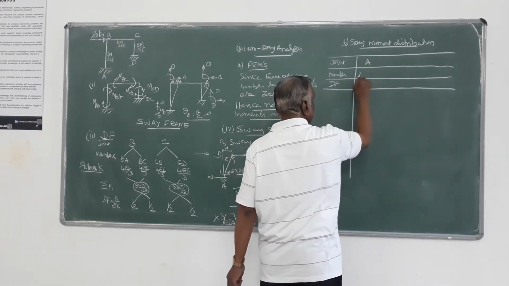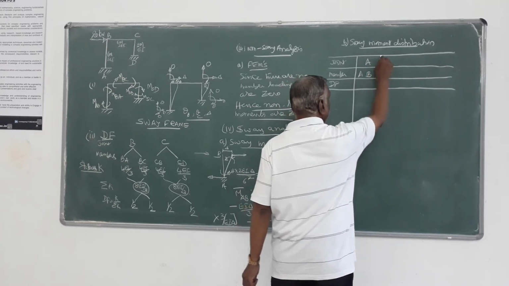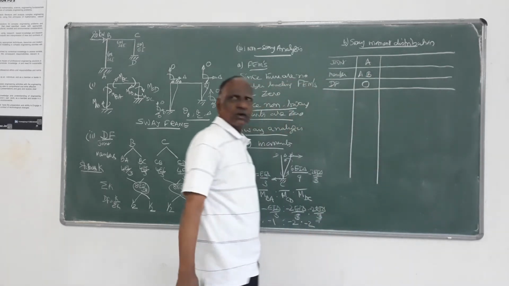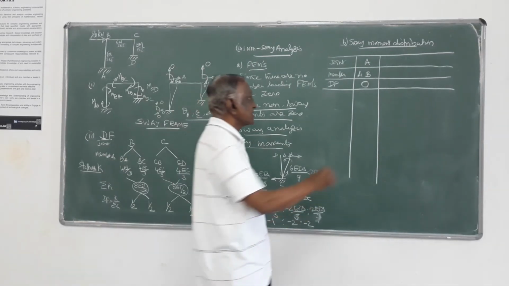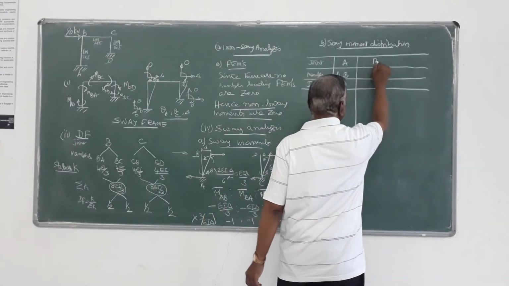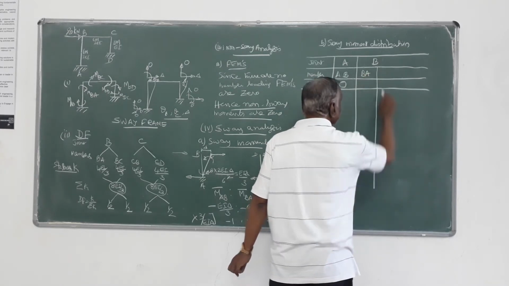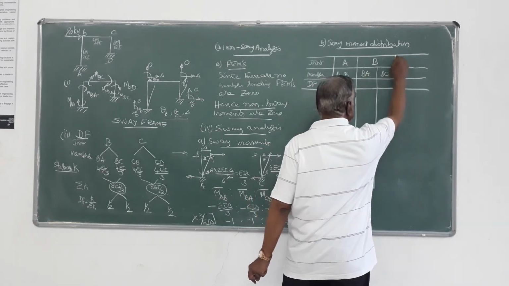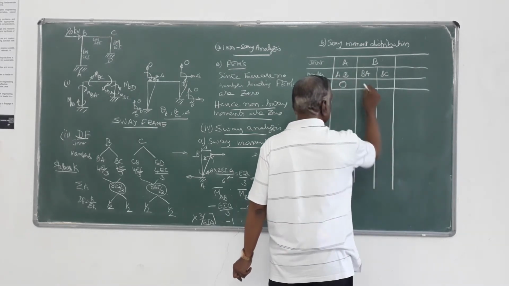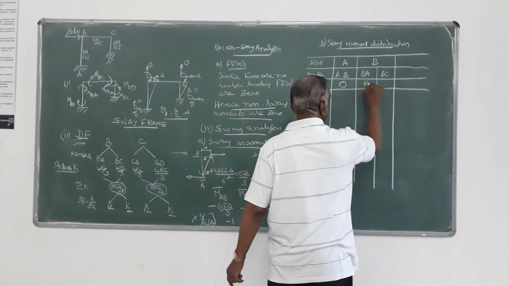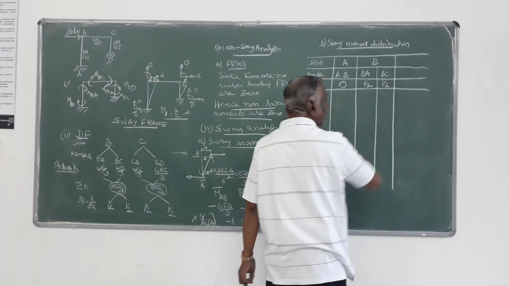Joint A has only one member AB, and joint A is fixed, so the distribution factor is 0. Joint B has two members, BA and BC. The distribution factor for BA is half, and for BC it is half.